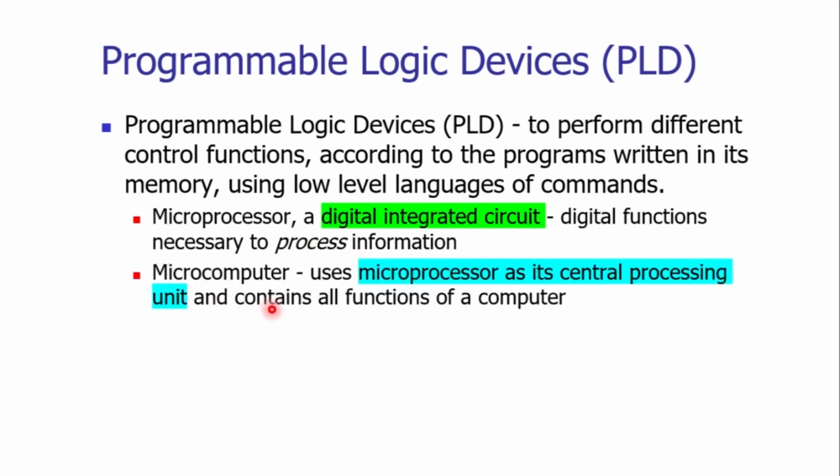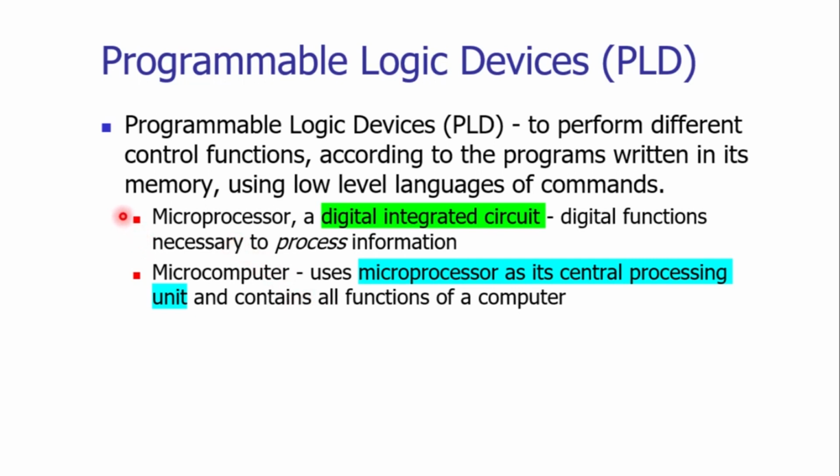The microcomputer is utilizing the microprocessor as its CPU, that is the central processing unit, and it contains all functions of a computer. So a microcomputer may have memory, and it can communicate with the outside world with input-output devices.